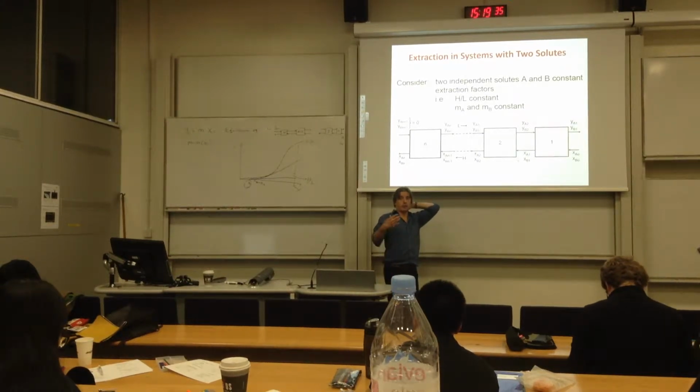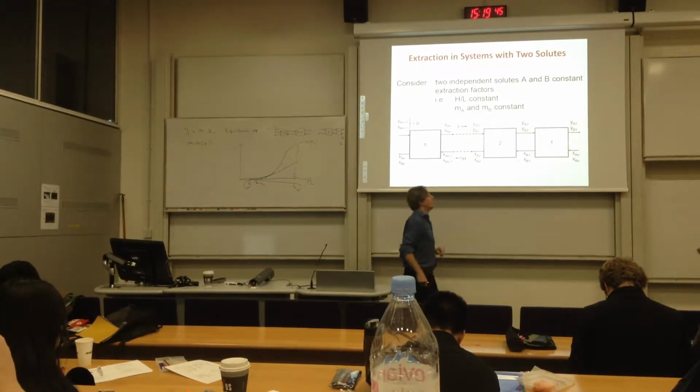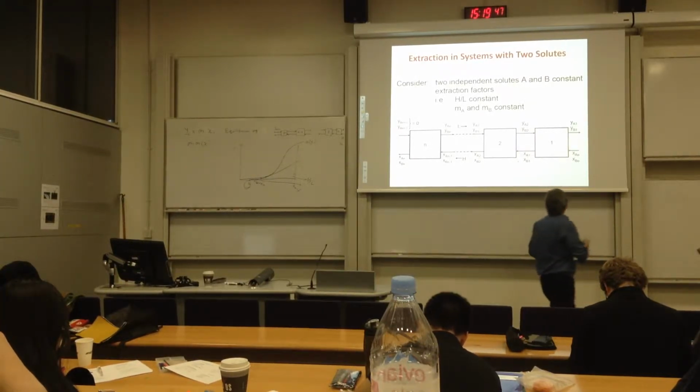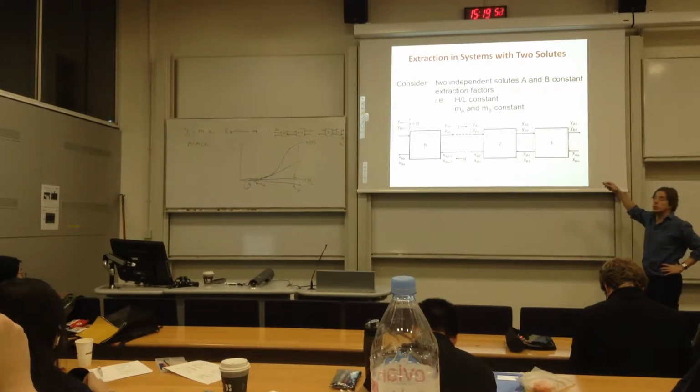I mean, if you have uranium in water and you want to pass it to the kerosene, it's normally because you want to separate that uranium from something else. So this is a more complete picture of what we may have. For example, this A can be uranium, and B can be the fission products that you want to separate from uranium.